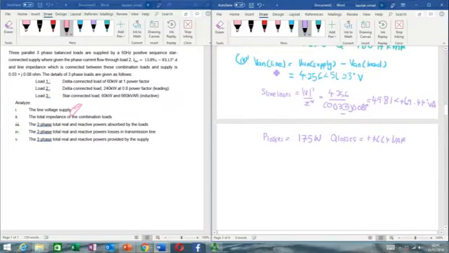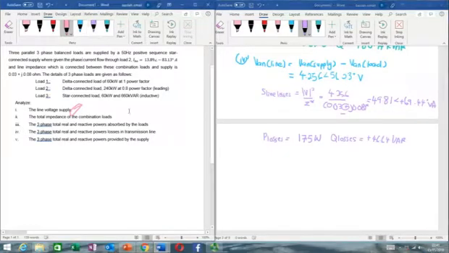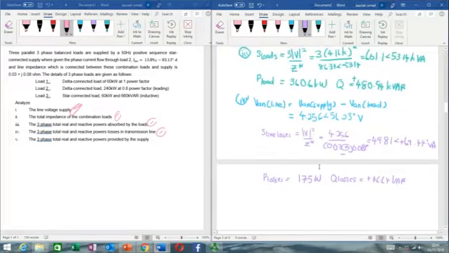Okay, so once we calculate this, now we already have it. And lastly, calculate the total real and reactive power provided by the supply.